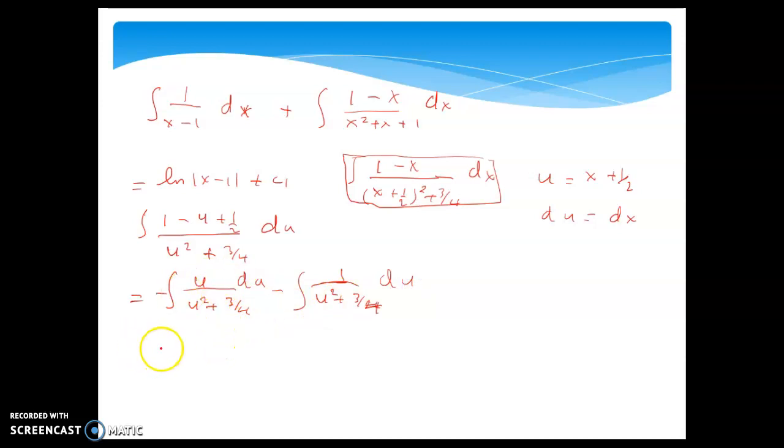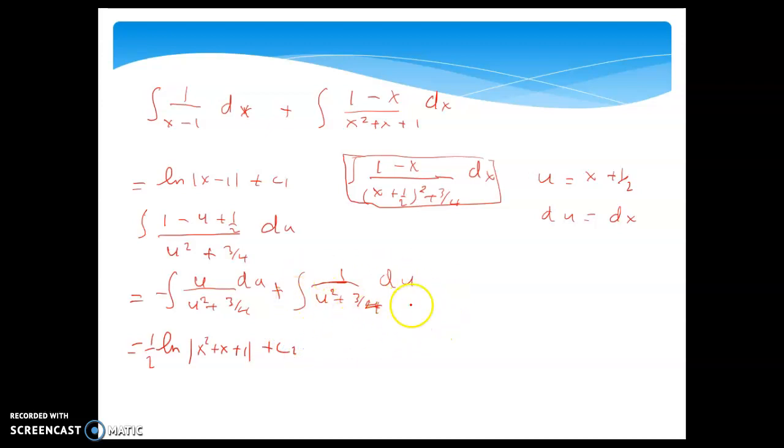So when we take the integral, this is going to be negative, and this is going to be positive. So when we take the integral of the first one, we should get 1/2 ln of u squared plus 3 over 4, which is basically x squared plus x plus 1, plus c2.